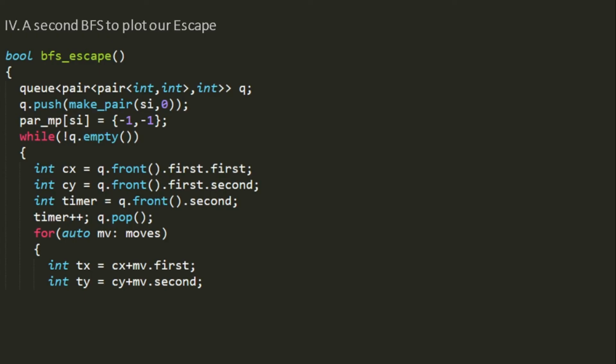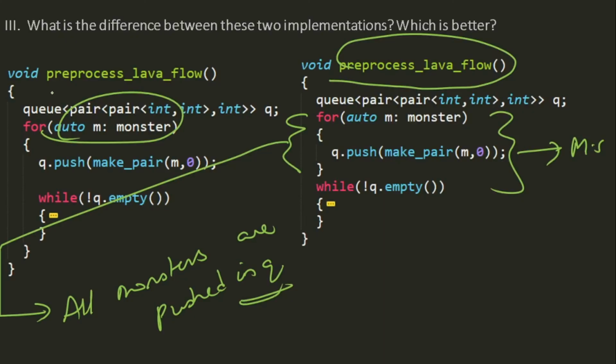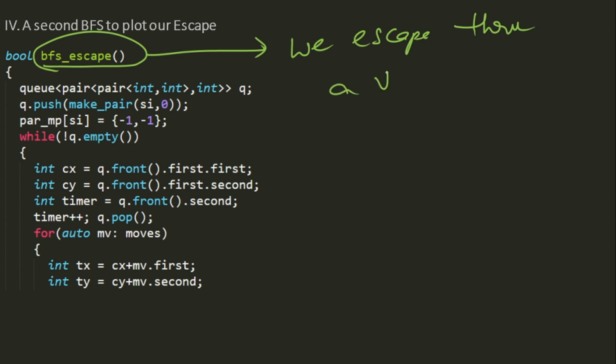After doing this propagation, notice this was a pre-processing step. We pre-processed the lava flow. After doing this pre-processing, let us now try to escape. How do we escape? We escape through a valid route. Go back to the previous problem, BFS on grid.